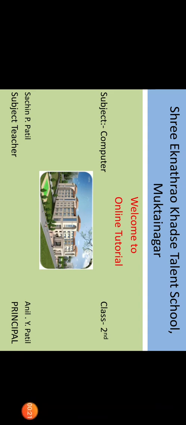Student, today in this session, we are going to learn our unit 2nd, chapter 3rd, parts of a computer. In this chapter, we are going to learn the 5 topics related to the computer system.